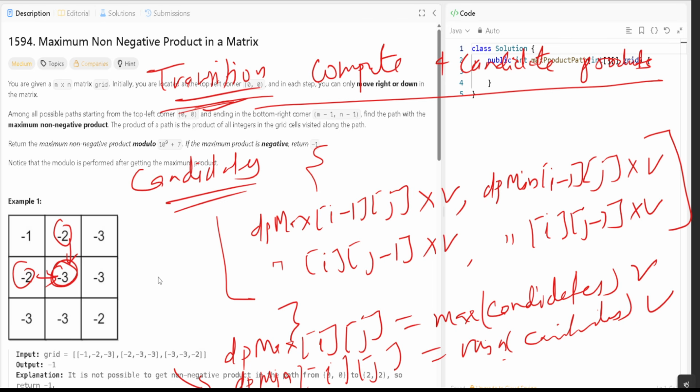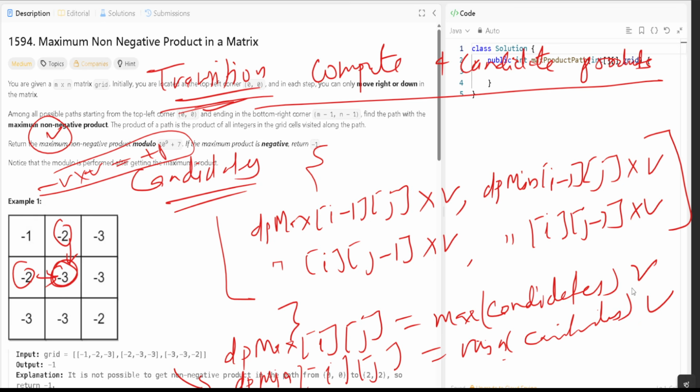Let's suppose v is negative, so some negative value will come, and if you multiply it, it will give the new maximum positive value. Negative into negative can give you a positive value, so you have to keep that in mind. If the positive dp max is there and v is multiplied, you also have to think about that. So these are the two possibilities we have here.